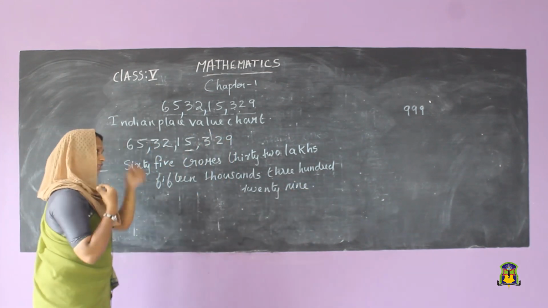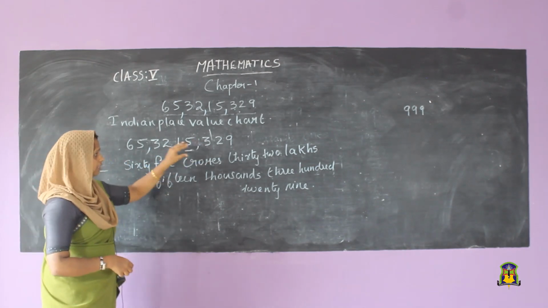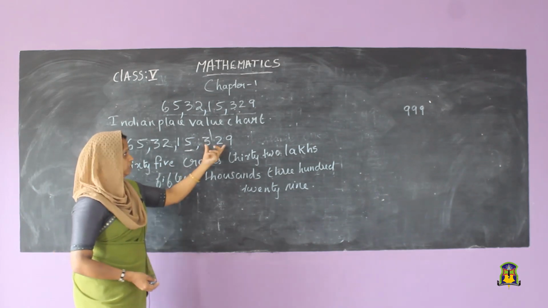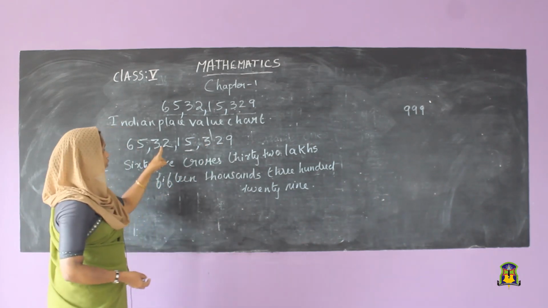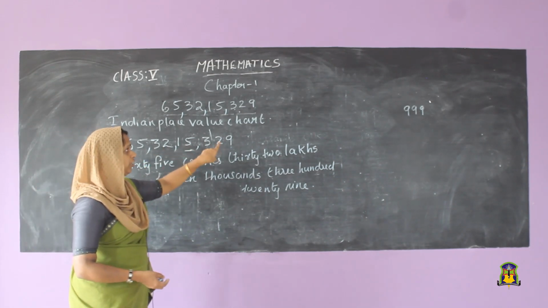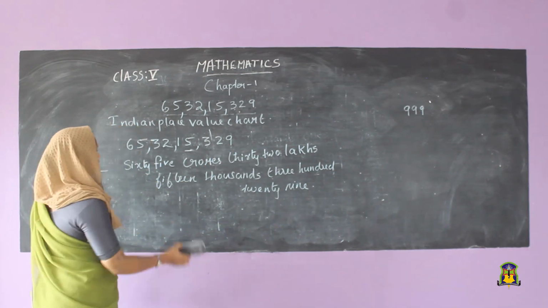So this way we can read this number. If we separate the numbers with commas, it's very easy to read. So 65 crores, 32 lakhs, 15,329.